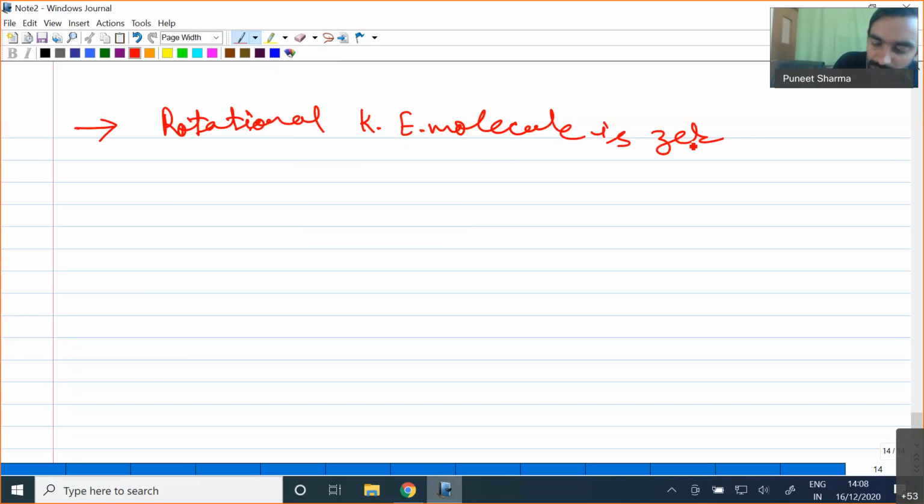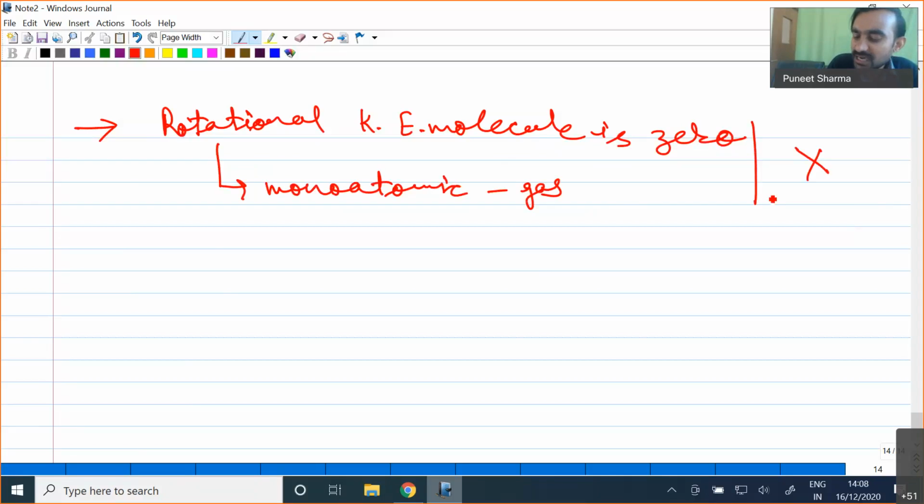So this was the question where we were having some monoatomic gas, and for that monoatomic gas, our rotational kinetic energy would have been 0. But none of the options was correct. Because of that, this particular question will be discarded from evaluation. So this is the first question.